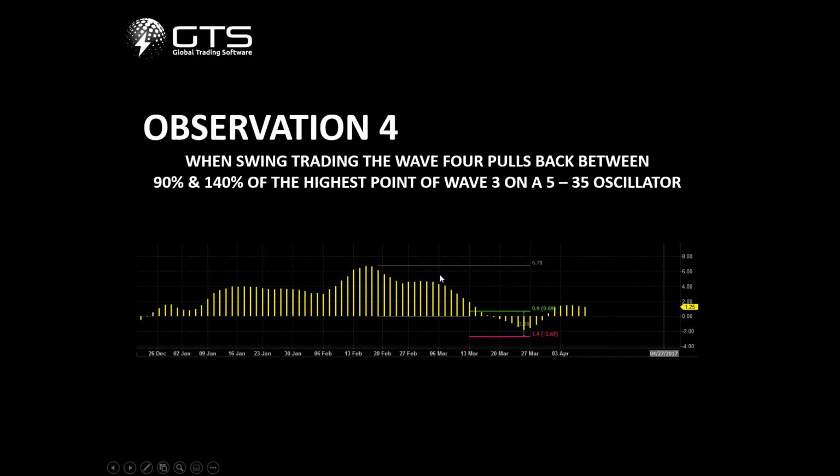When we have a wave 4 pullback, it needs to crown and start to move back up between 90 and 140%, and that measurement, which we'll do on a chart soon, goes from the highest point on the wave 3. That is great behavior. So imagine we're building this picture of wave 4: on those pullback zones, maybe going into the green, the amber, the red, we've also got this oscillator that we can use to measure the performance of the wave 4.